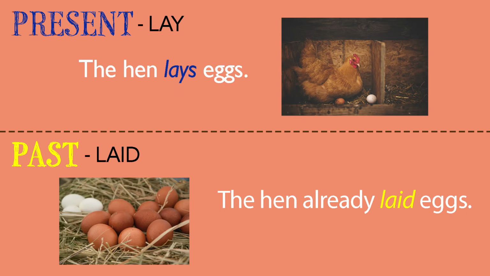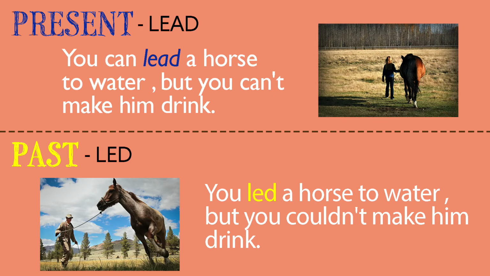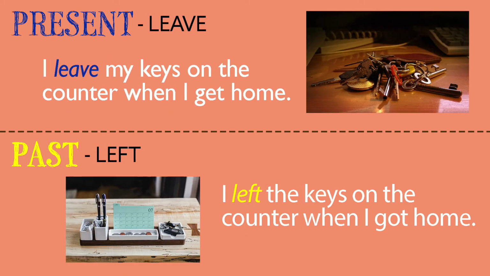Lay. The hen lays eggs. Laid. The hen already laid eggs. Lead. You can lead a horse to water, but you can't make him drink. Led. You led a horse to water, but you couldn't make him drink. Leave.